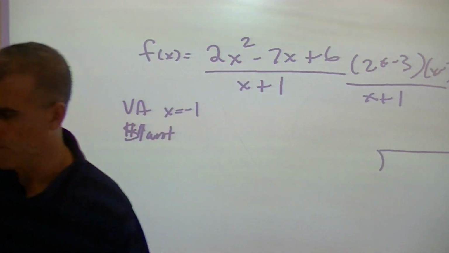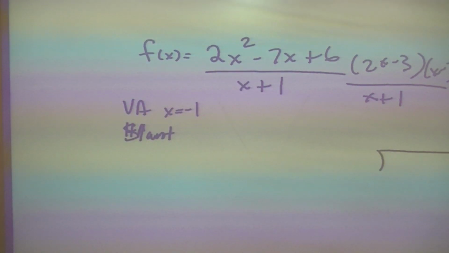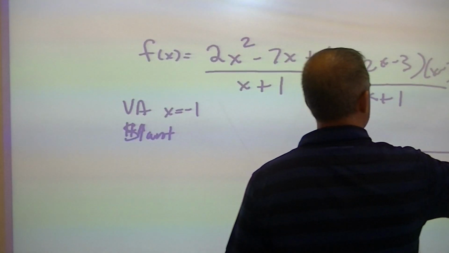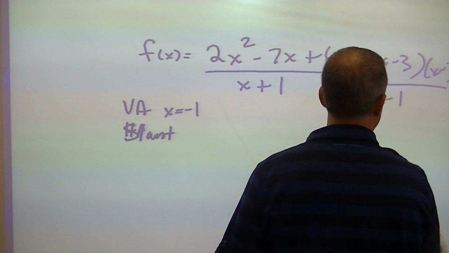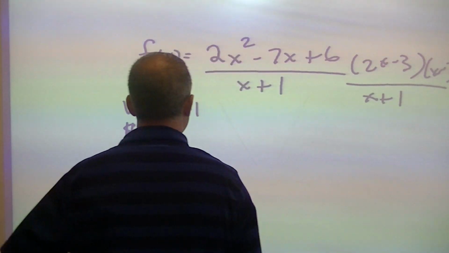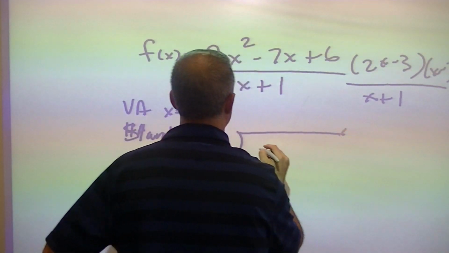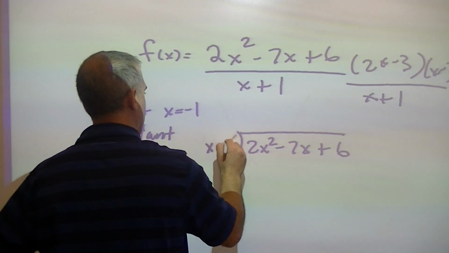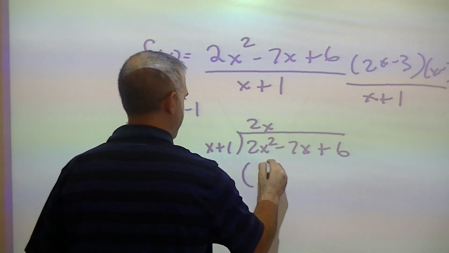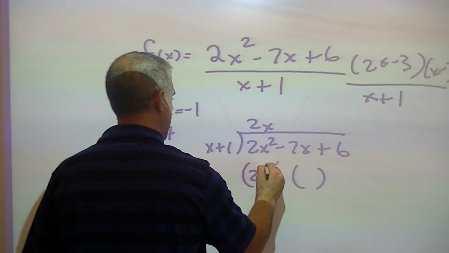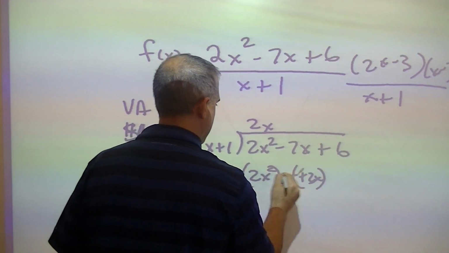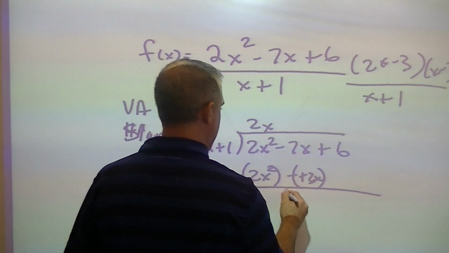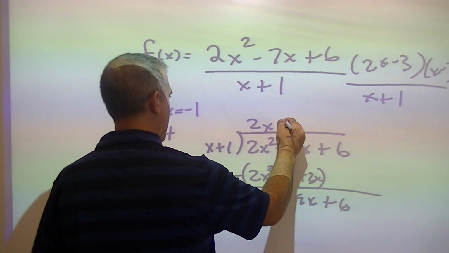Let's see, can you see that with the camera angle? Let me see. I'll probably have to do that in the middle again. 2x, it's going to be 2x squared plus 2x, minus, that'll be negative 9x plus 6 minus negative 9.